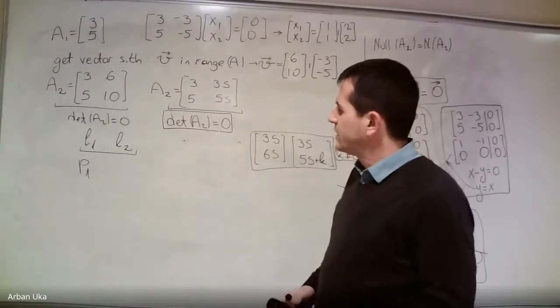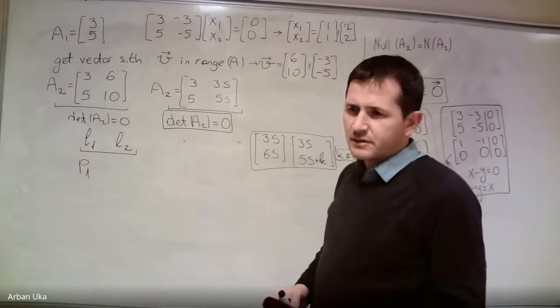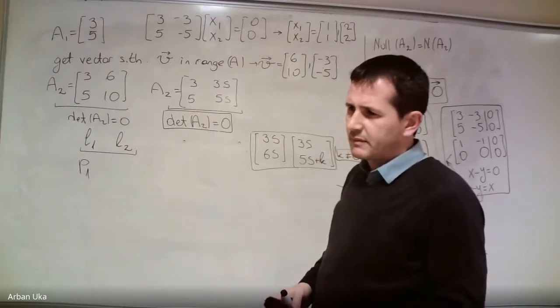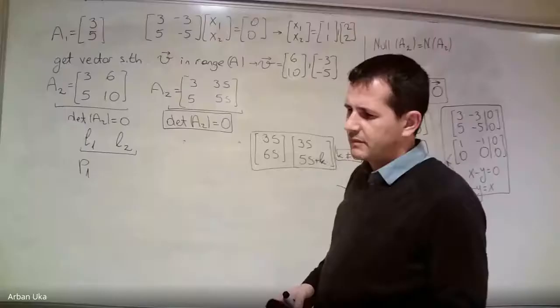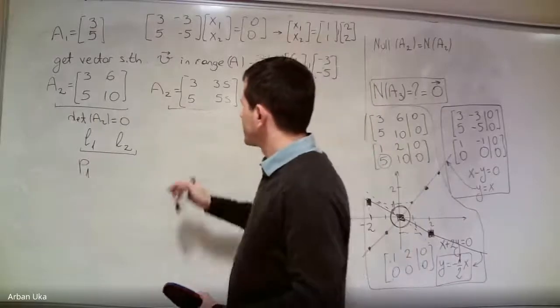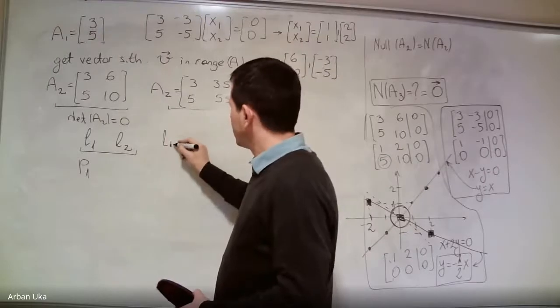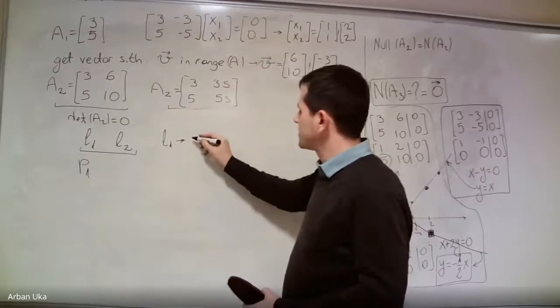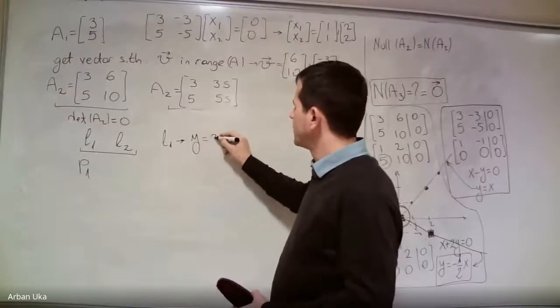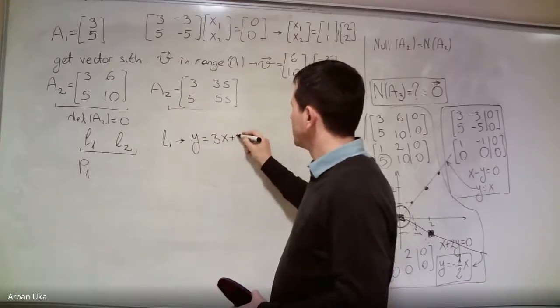So we have line 1, and give me one parametric equation. For example, let's take one line that passes through the origin. For example, (1, 2, 3) times t. So line 1 would have an equation which looks like this: y is equal to 3x plus 2, right?